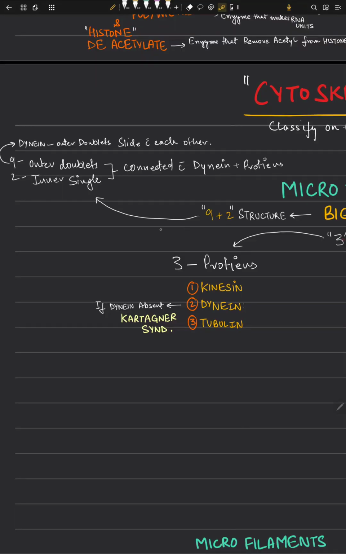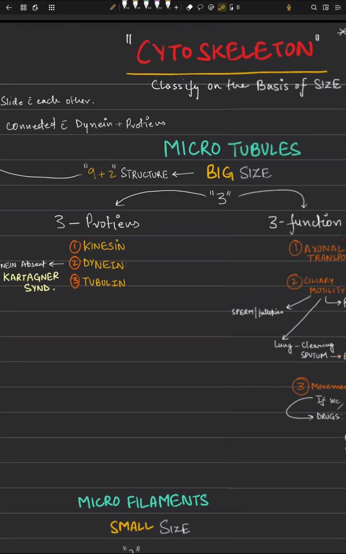Cool. What are these things? These things are just proteins. Let's study microtubules, big in size. Just remember the number 3. They have 3 proteins: kinesin, dynein, tubulin.